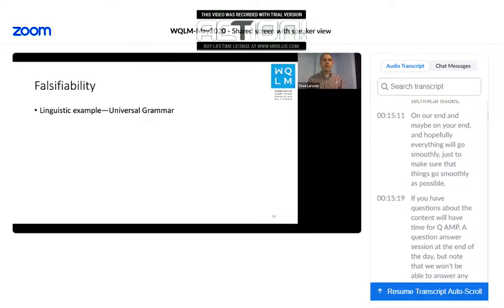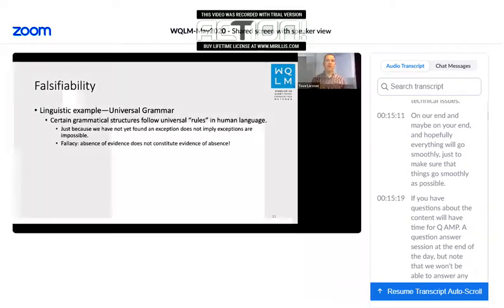So let's look at another example of a hypothesis or a theory within linguistics that has trouble with the principle of falsifiability. If we look at universal grammar, there's a number of hypotheses that are posited within this framework. I'll just mention a couple. One is that certain grammatical structures follow these universal rules in human language.